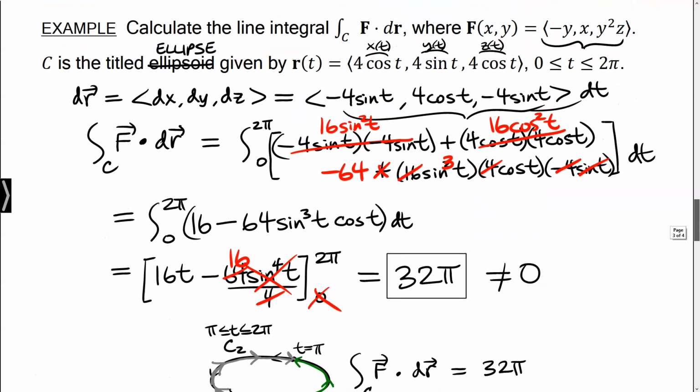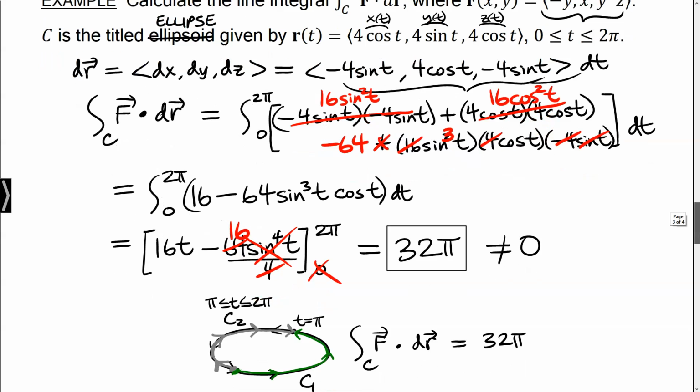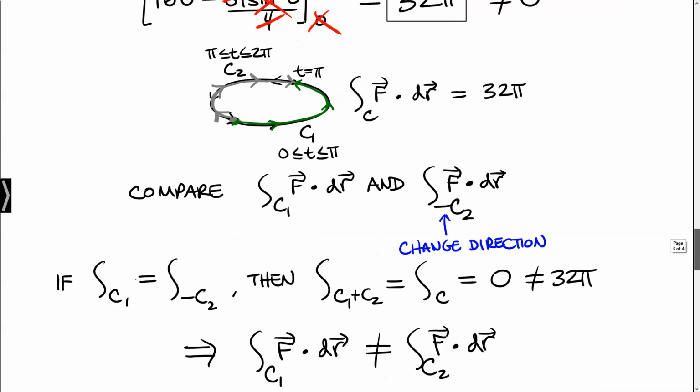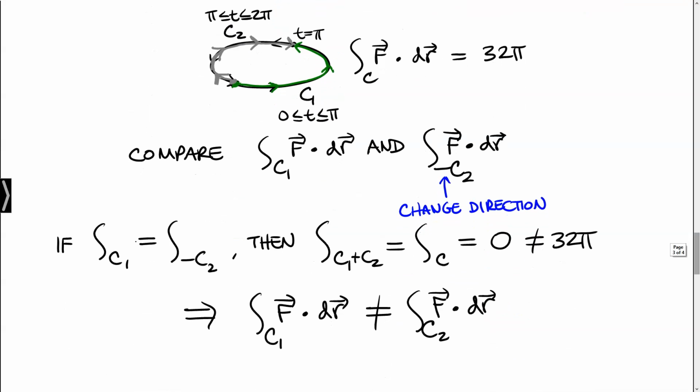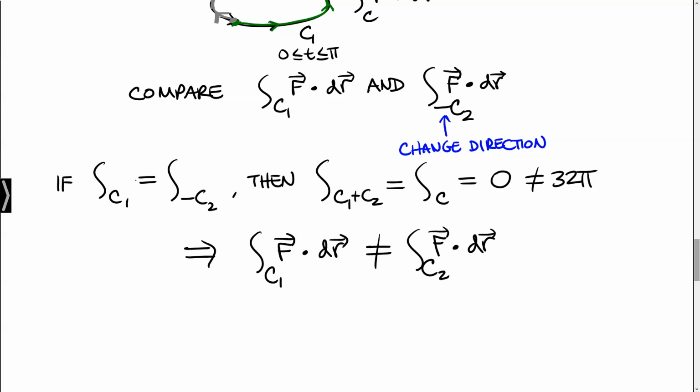And that shows that this force field, minus y, x, y squared z, is not what we would call independent of path. It depends on the path. We got two different line integrals depending on which path we took. So we would say f is not independent of path.